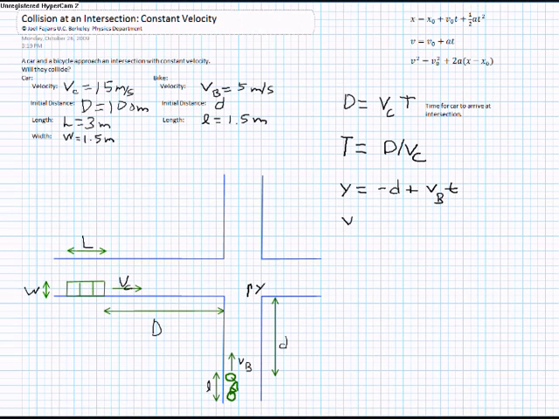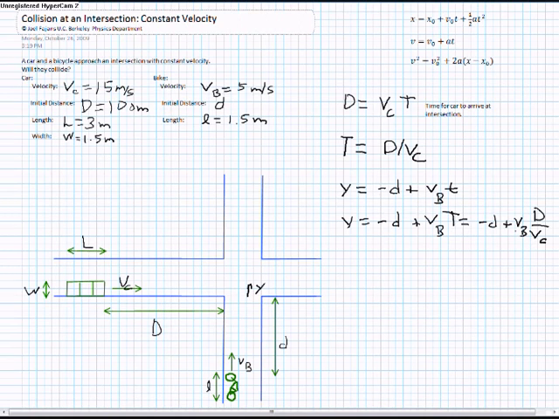So that's going to give us y is going to be equal to minus d plus vb times t, which is also equal to minus d plus v bicyclist times capital D divided by v sub car.